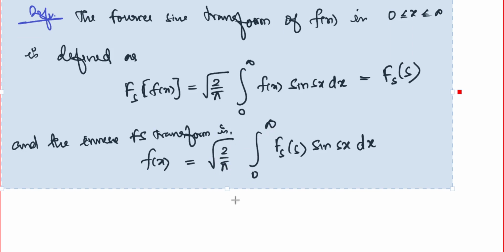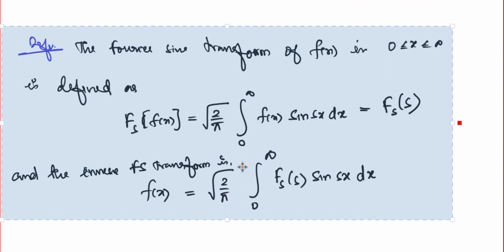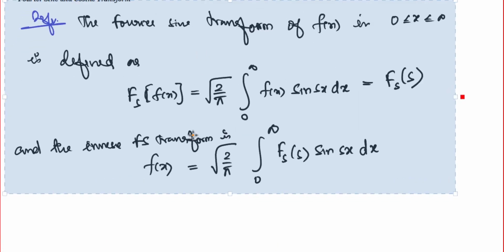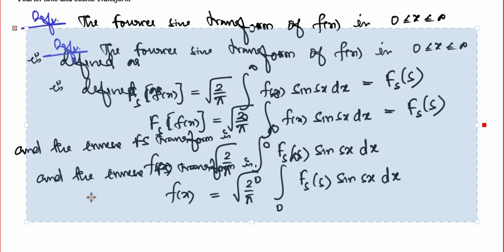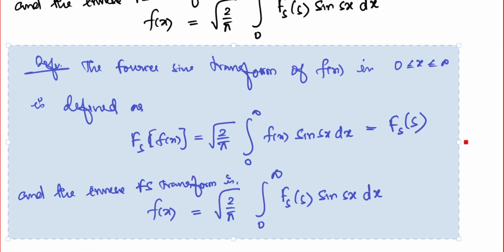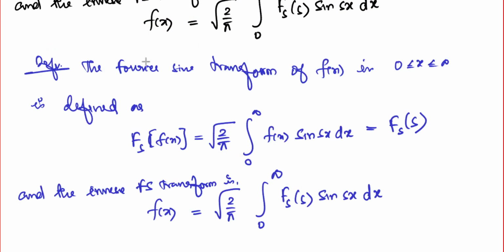Wherever sine was there, I can change it to cosine, and instead of sine I have to replace with cos. I think that's all.